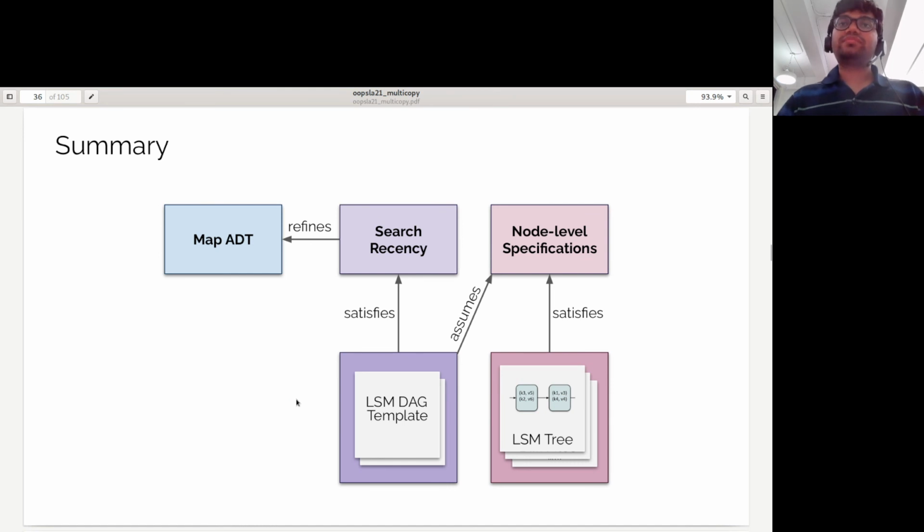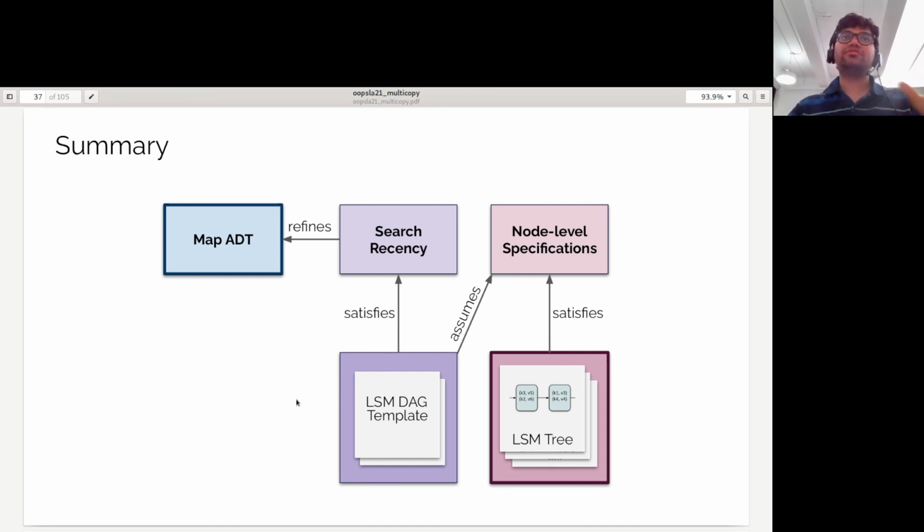So let me summarize this story so far. What we started with is that we have implementations of multi-copy structures, and we want to prove that they satisfy the map ADT specification. Proving it directly is hard because of non-fixed linearization points and complex invariants. So what we do is introduce search recency and simplify the problem first. Now we see that the high-level algorithms which guarantee search recency are the same across all implementations.